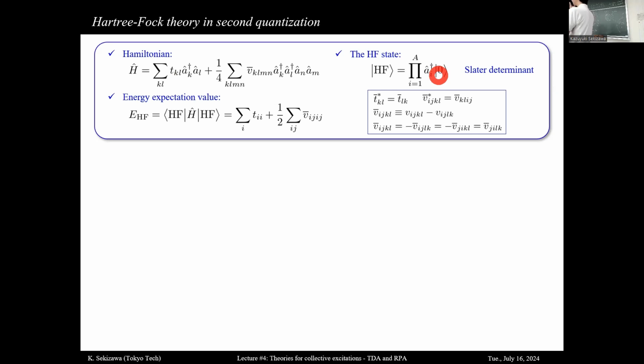And if you interchange two operators, then you have a negative sign. So this form of wave function satisfies the condition of a Slater determinant. This is the second quantized form of the Slater determinant. And you can take the energy expectation value of this Hamiltonian with this Hartree-Fock state, and you can get this formula.